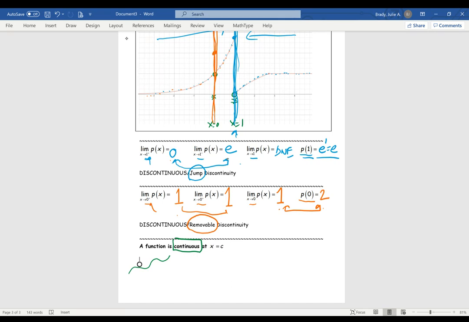But if we're thinking about limits, if you're at this point c, like at 1 or at 2, the limit as you approach c from the right side would match the limit as you approach c from the left side. That means the limit exists. And the most important thing to make sure that the curve is behaving nicely is that is the output, the output of the function at c.